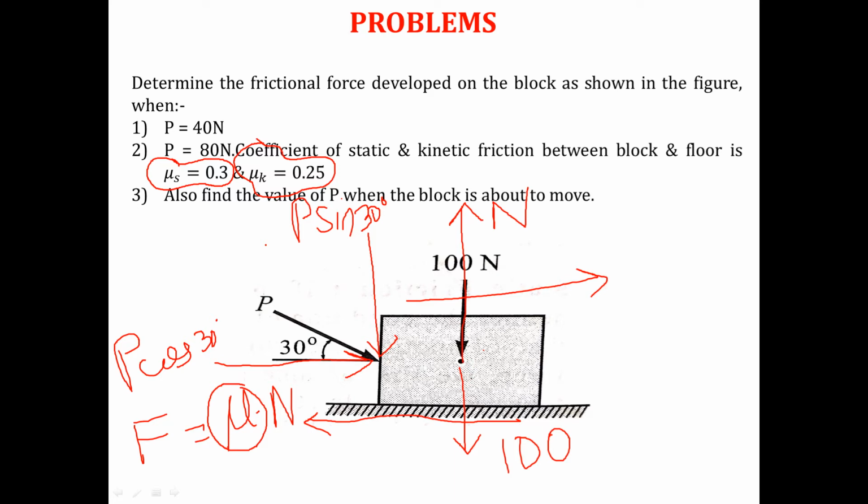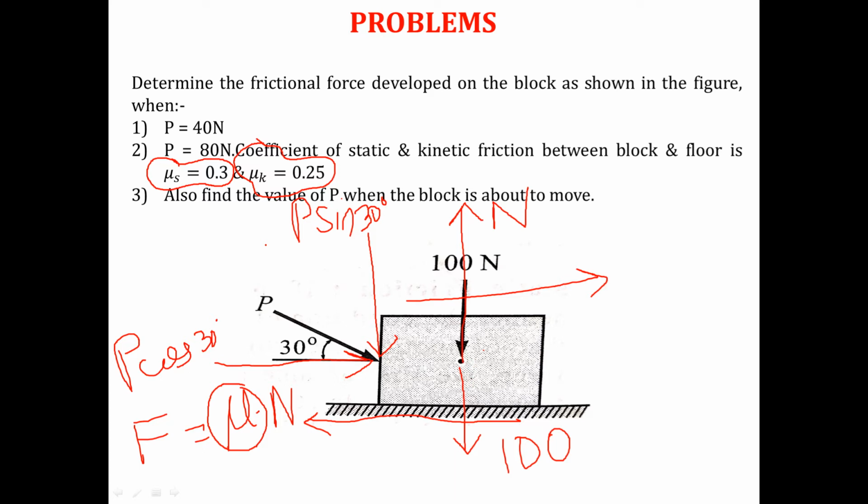When the body is in moving condition, at that time we have to go for the dynamic coefficient of friction value, and when the body is in static condition, during that time I have to go for the coefficient of static friction value. So which friction value will I use? Whether I will use the mu s value or the mu k value.